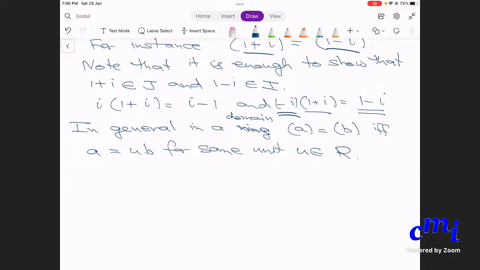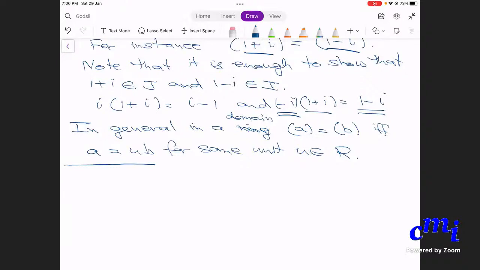Okay. So let's see if I have more examples of ideals. Yeah, so that's the next thing I wanted. So ideals and quotients. So next, let's move on to what can we do with ideals, right? Now, just like elements in a ring, you can add and you can multiply.